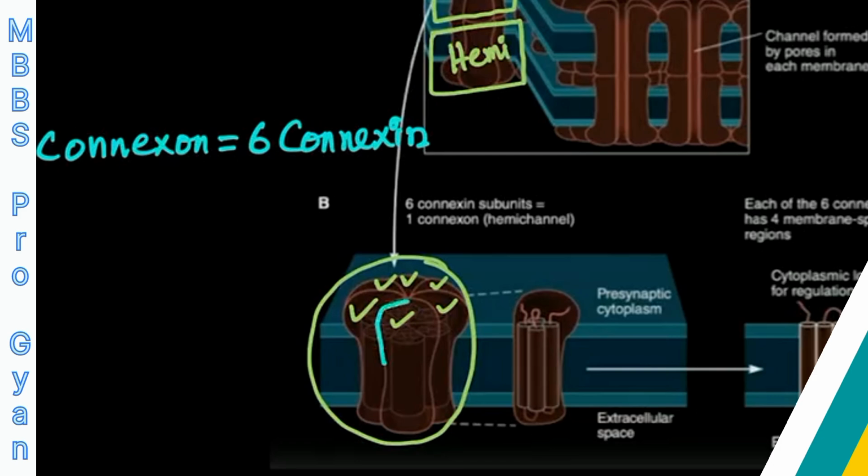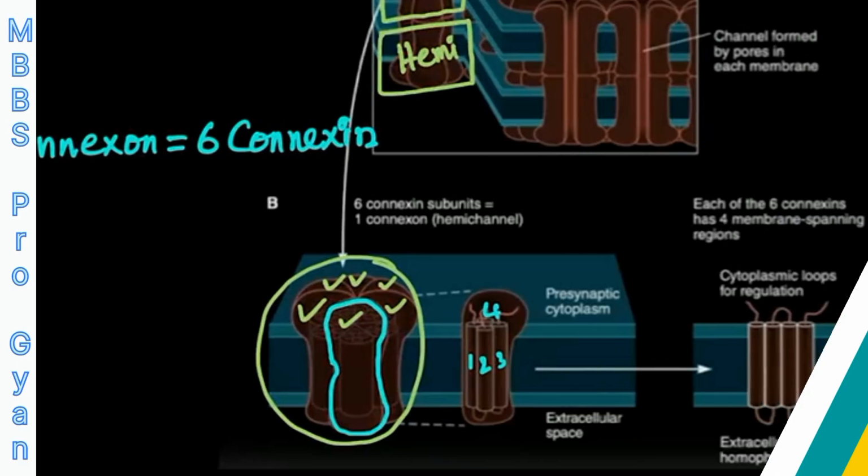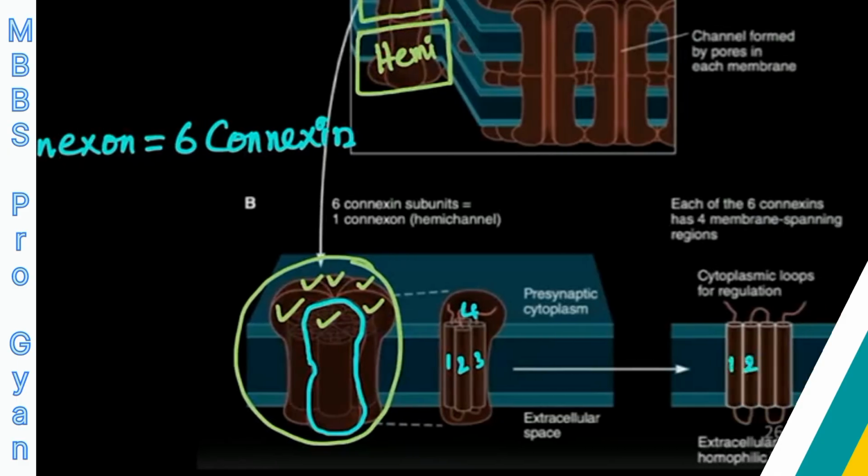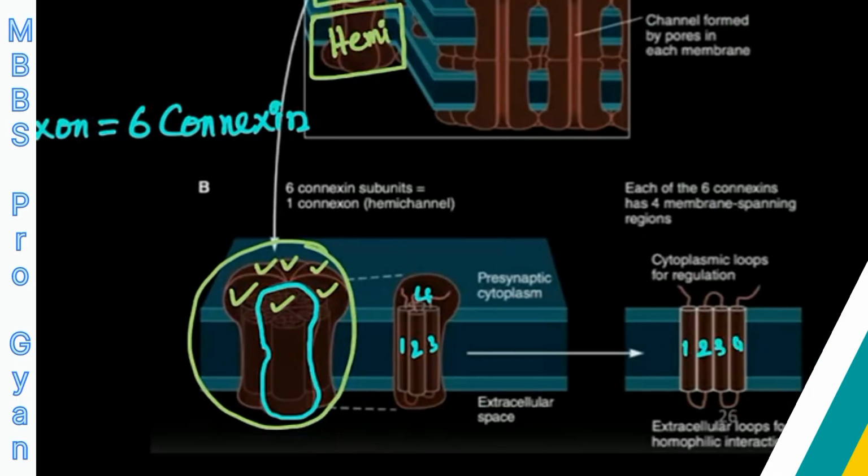Now if you concentrate on a single connexin molecule, this is a single connexin molecule. What you are finding out? This single connexin molecule is composed of 1, 2, 3, 4 membrane spanning domains, as you can find out here. Number 1, number 2, number 3, number 4. They are spanning the membrane through and through. This, then this, then this, and then this.